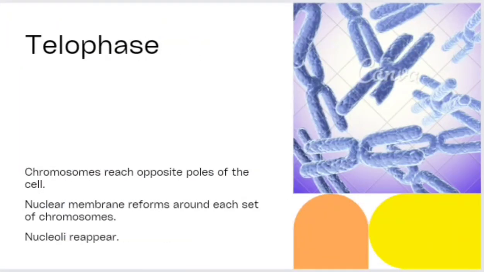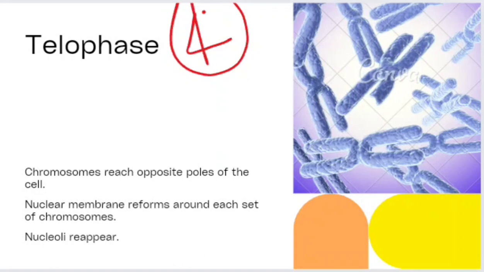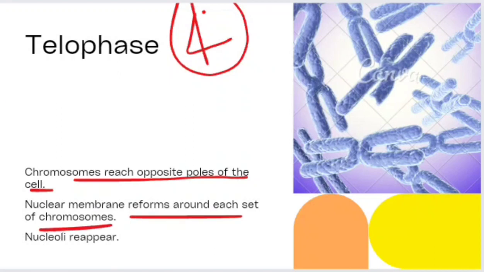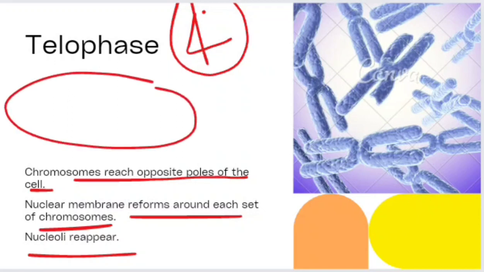The last step, that is the fourth step, is the telophase. Chromosomes reach opposite poles of the cell. The nuclear membrane reforms around each set of chromosomes. Nuclei reappear. So in this stage the chromosomes reach either side, and this is actually a kind of reverse prophase.